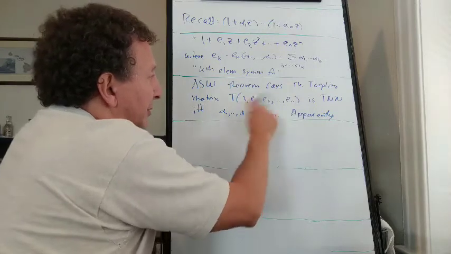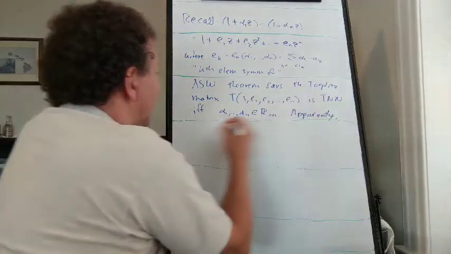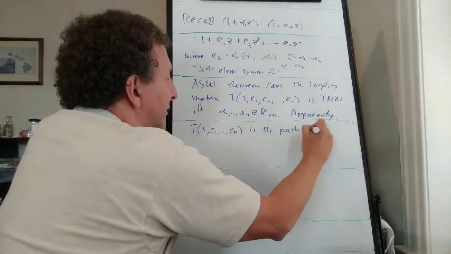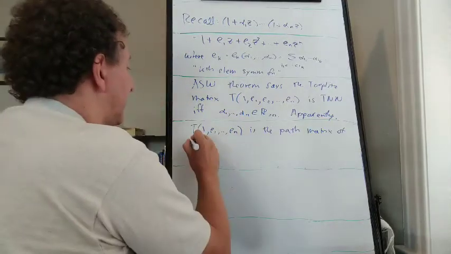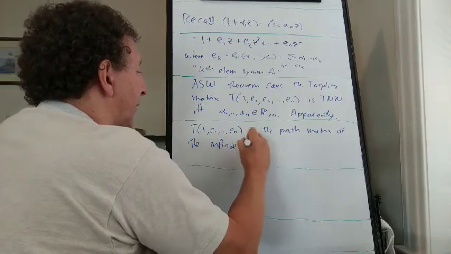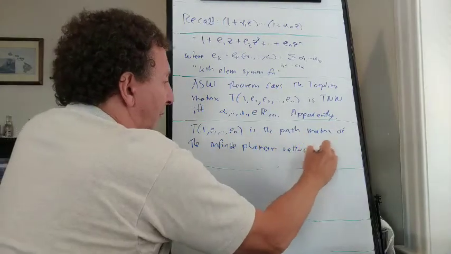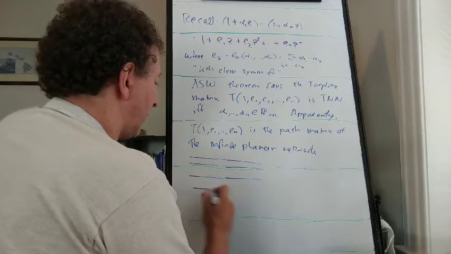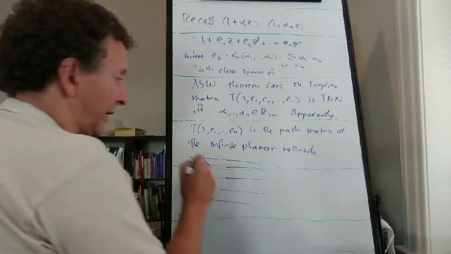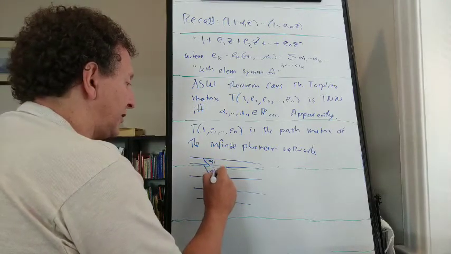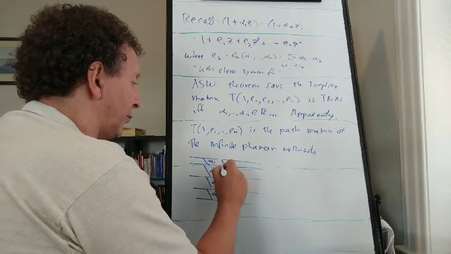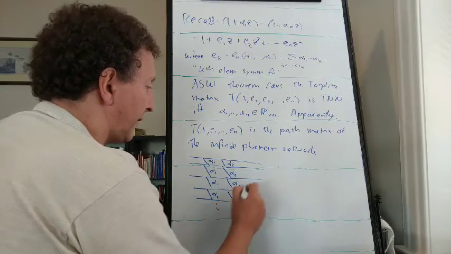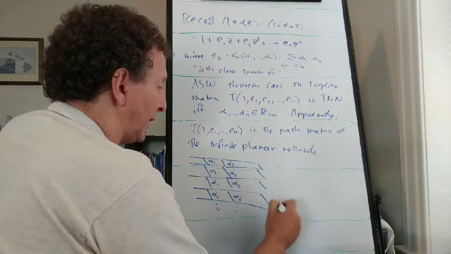Aissen-Schoenberg-Whitney didn't say this, but apparently using what we know about Toeplitz matrices, this Toeplitz matrix is the path matrix of the infinite planar network where we have horizontal edges weighted 1, diagonal edges weighted alpha 1, and then more diagonal edges weighted alpha 2, etc. And finally more diagonal edges weighted alpha n.